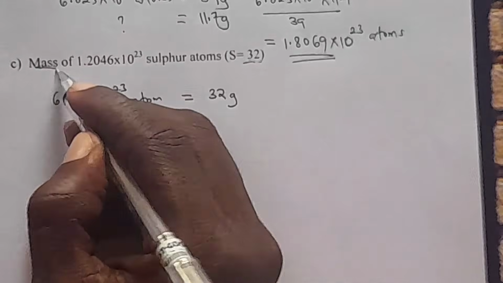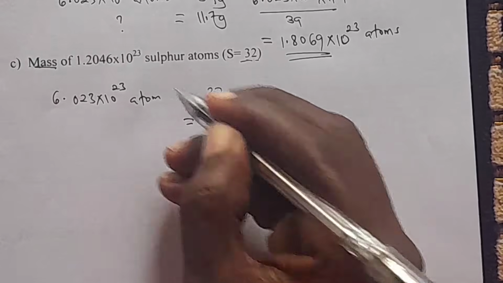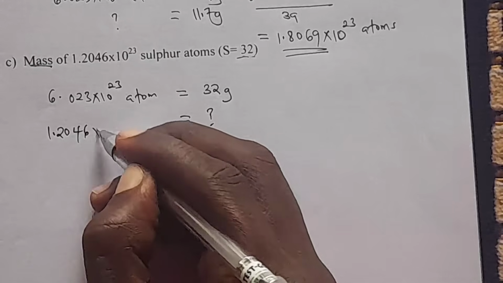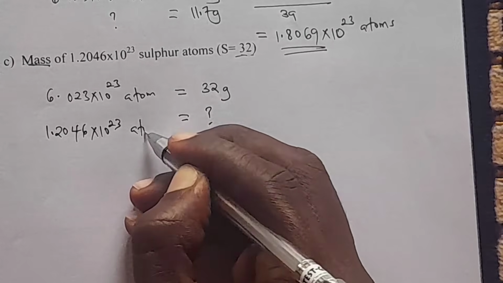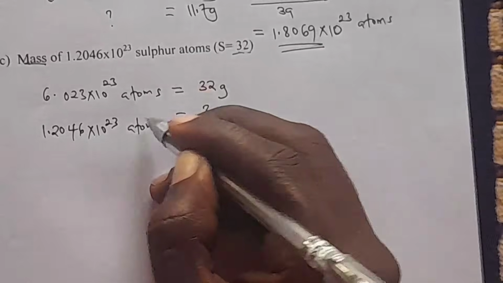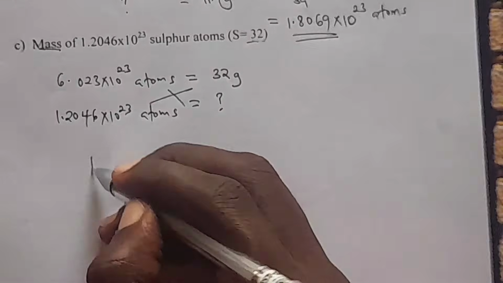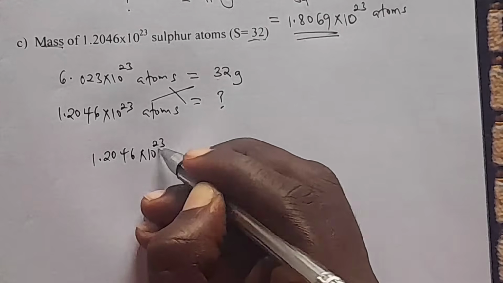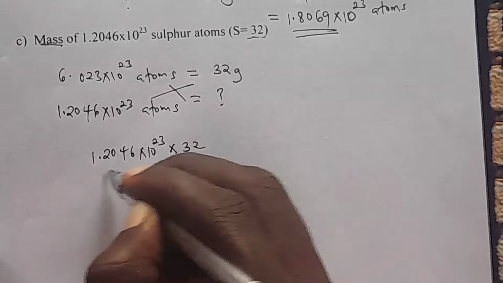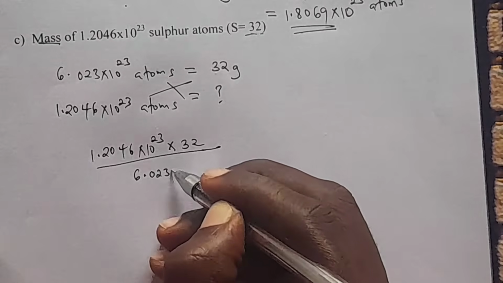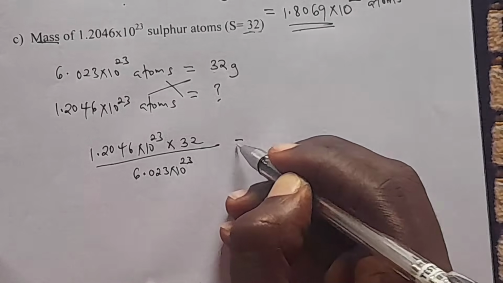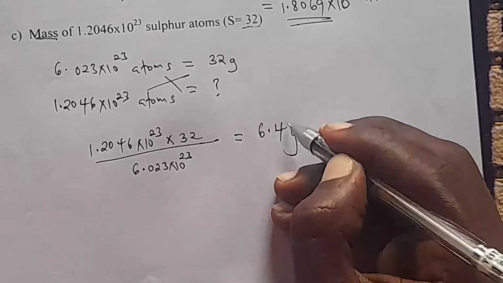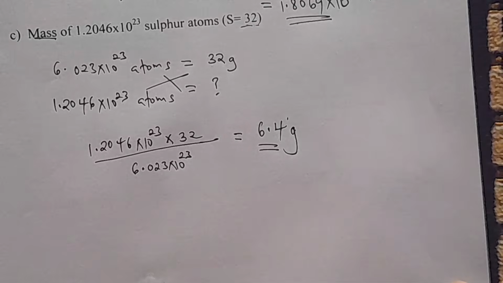If they're asking the mass, that means they have given me the number of sulfur atoms, which is 1.2046 times 10 power 23 atoms. So let's just cross multiply: 1.2046 times 10 power 23 atoms times 32 divided by 6.023 times 10 power 23. When you put it in the calculator, you are going to get 6.4 grams of sulfur. That will be the mass of sulfur.